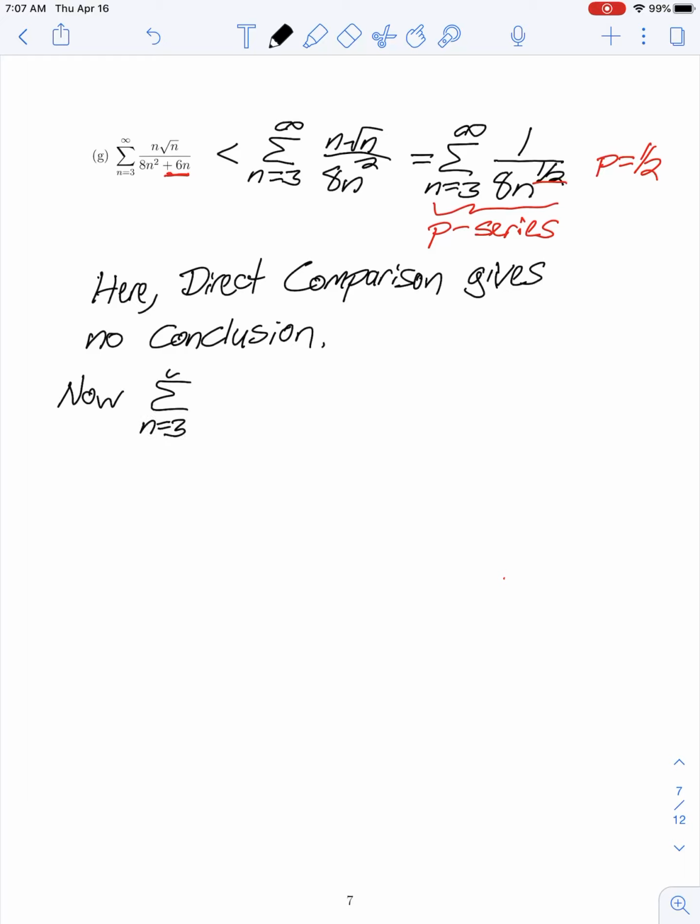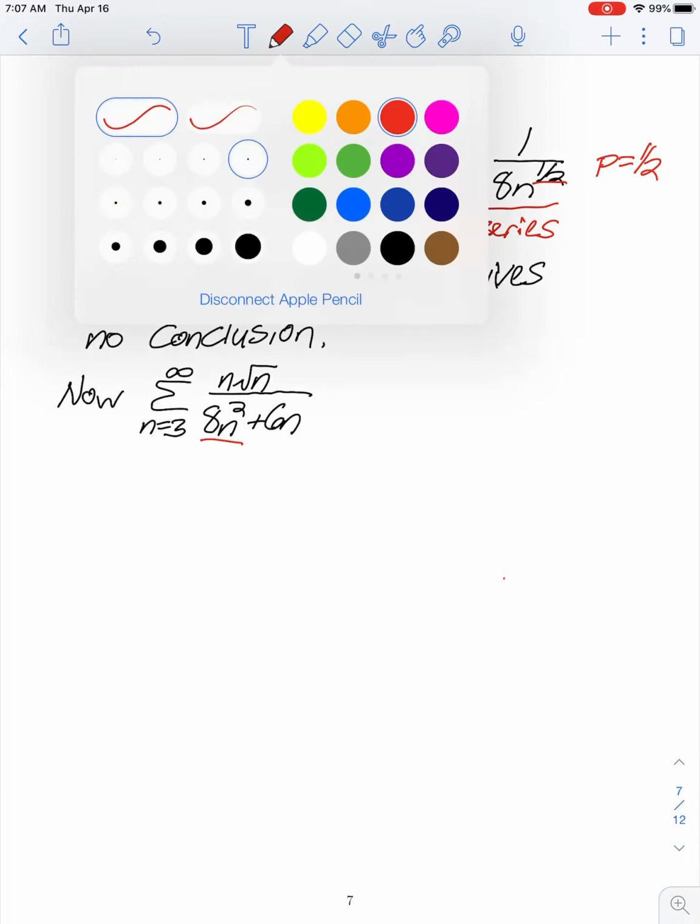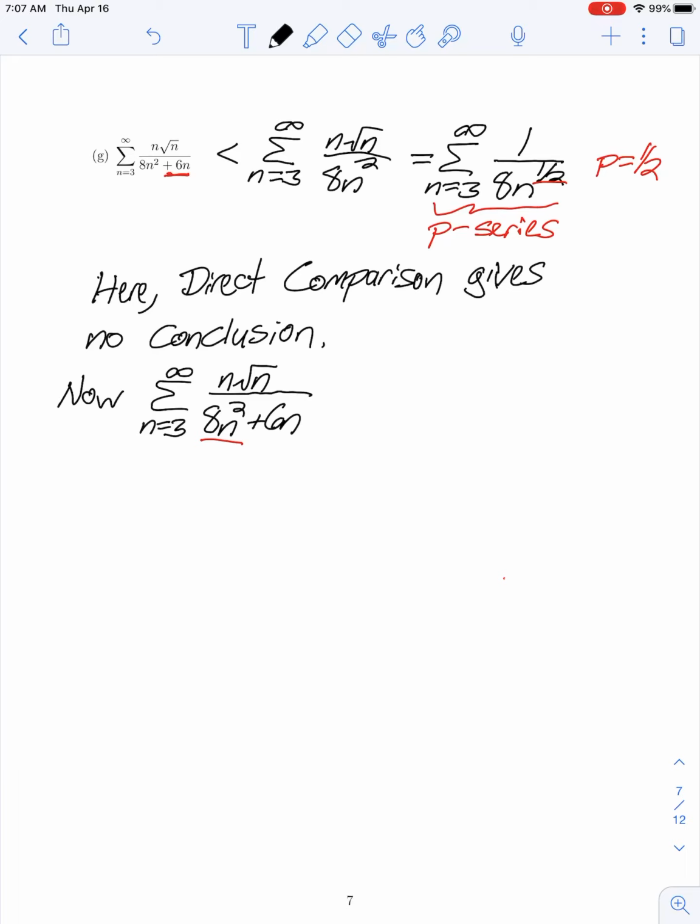So again, let's consider the sum from 3 to infinity of n square root of n over 8n squared plus 6n. And instead of omitting the 6n term, let's omit this 8n squared term. So if we omit a term from our denominator, we get a series which is even larger.